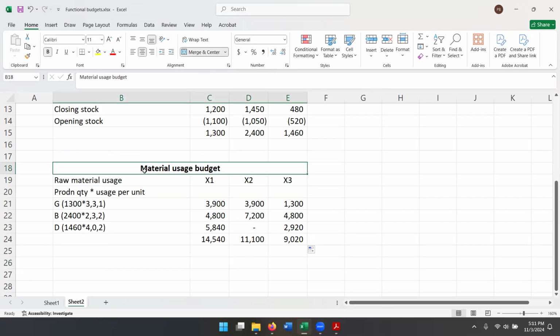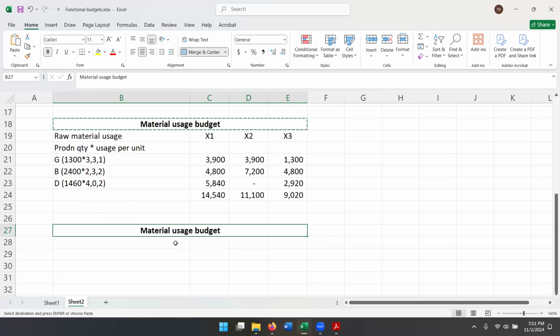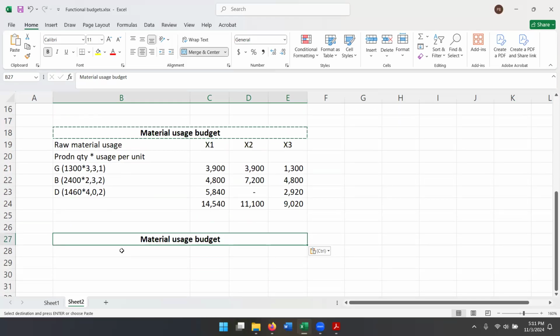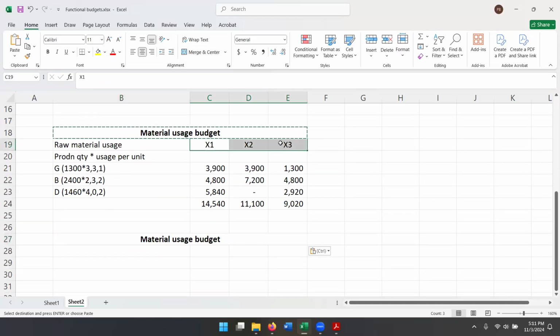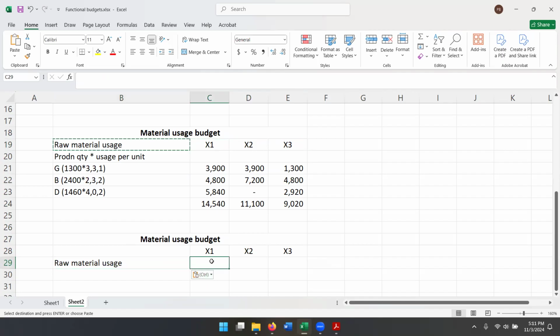So we move on to look at the purchase budget. For the purchase budget, we are starting with the raw material usage.